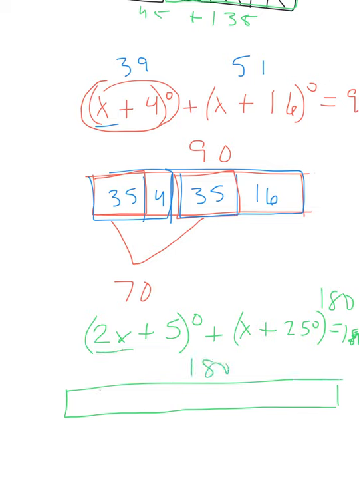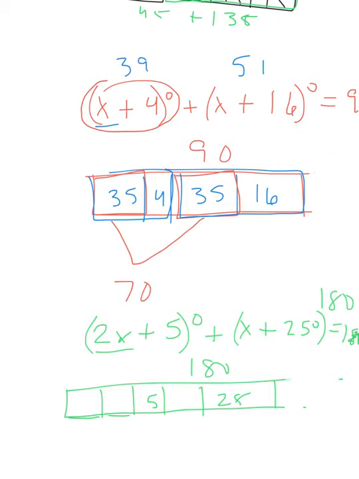Now we have two spaces, two x's, two unknowns. So we don't know that bar, we don't know that bar. We do know that plus 5 is there. We have one unknown, and then plus 25 is there. I made my image a little big, so I'm going to come back and erase this. Think for a second.